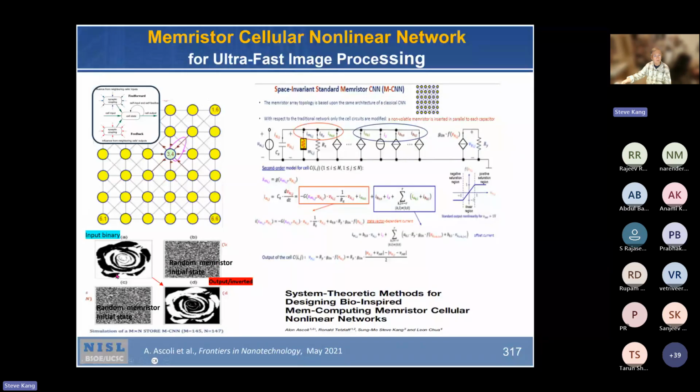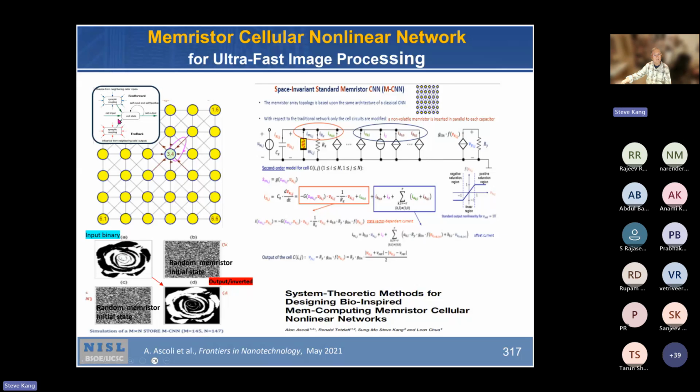So you have this as a test case, a flower pattern. If your desired operation is to invert this pixel, convert the dark one into white and the white one into dark, this is what it does. See? So, yeah, simulation of a memristive CNN, and use 145, yeah, and then it's 147.